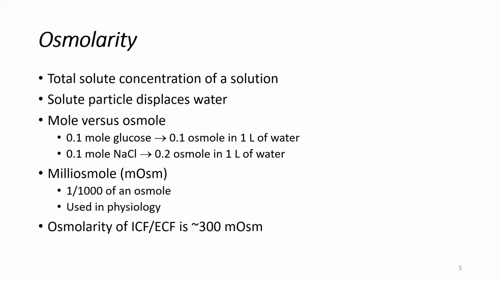As far as osmolarity, we're always talking about the ICF versus the ECF. So the 300 milliosmole is what the ICF compartment looks like relative to the ECF, okay? Similar to the membrane potential. Remember we talked about the membrane potential? It was the inside of the cell relative to the external cellular environment.